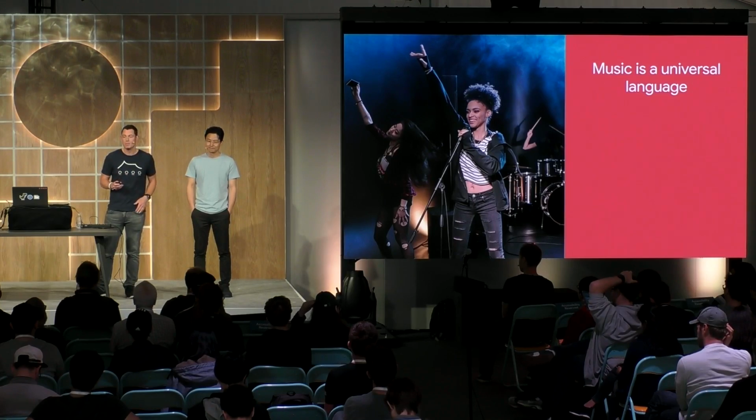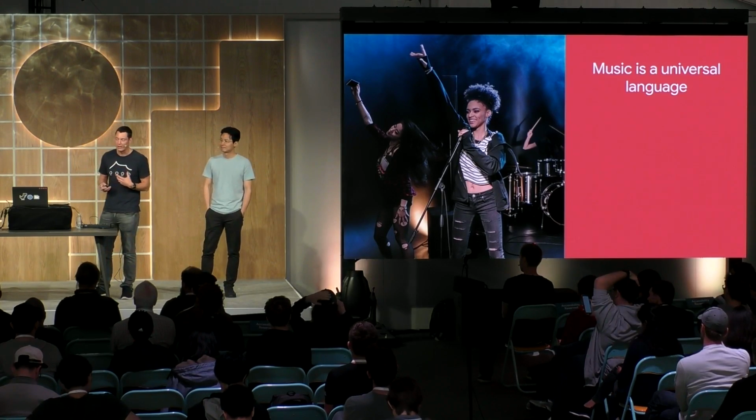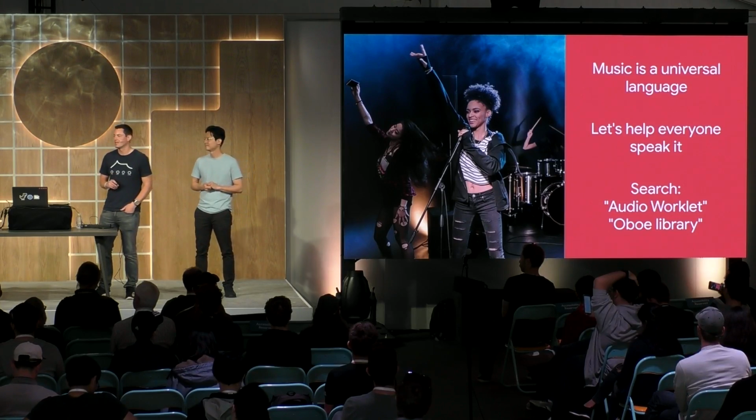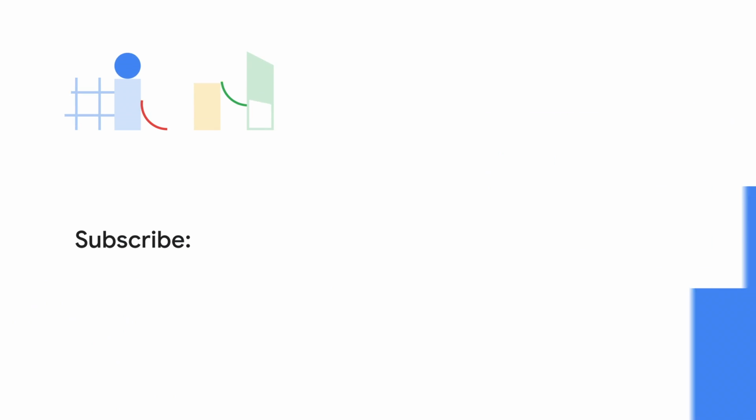And with your programming skills and Android and Chrome's incredible reach, then we can give everyone the tools that they need to be musically creative, so that they can not just listen to this universal language, but they can speak it as well. Search for AudioWorklet and Oboe library to get started. Thank you all very much.